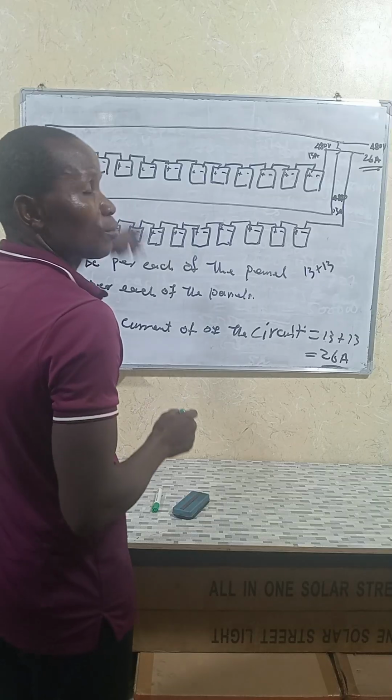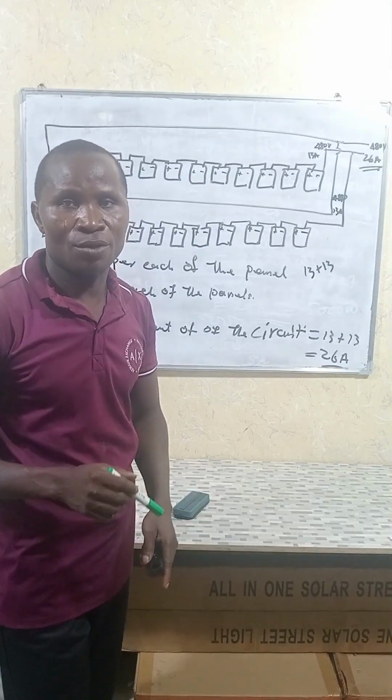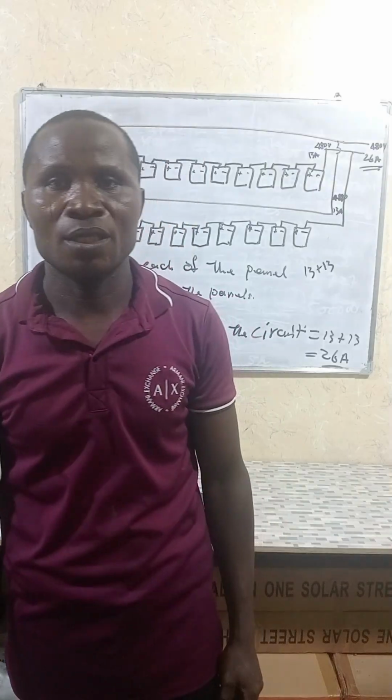Based on this connection that we have done, the output current is 26 amps. Since in series connection, voltage is added while current remains the same, and in parallel connection, voltage remains the same and current increases, that is the answer we have gotten.